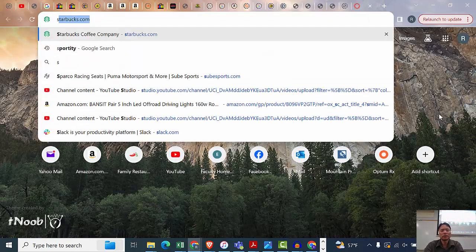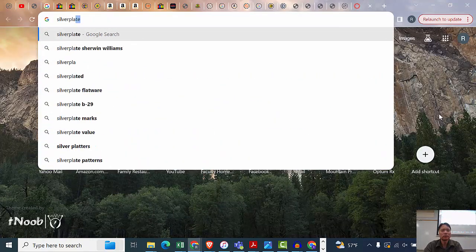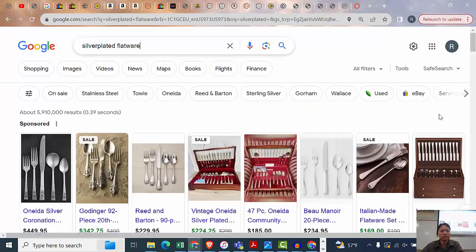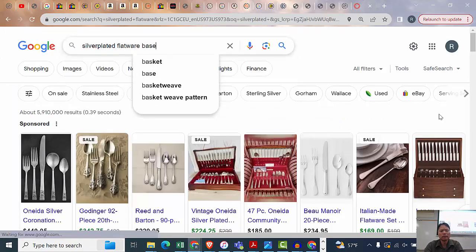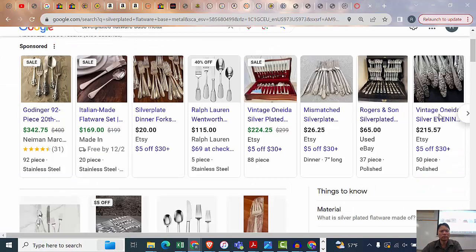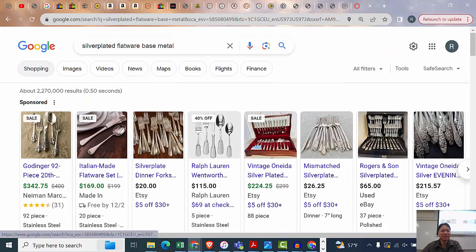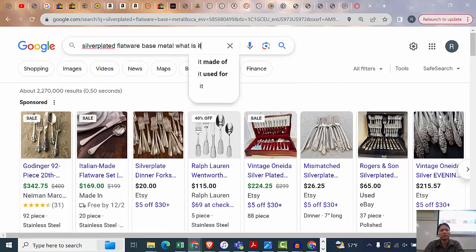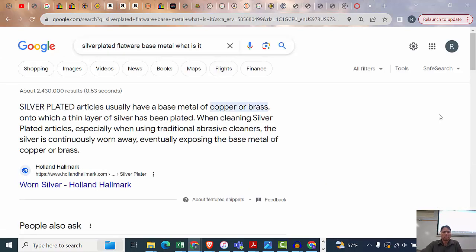No. Silver plated flatware. Oh, okay, I'm wrong. That must have just been one of those urban myths that I bought into.